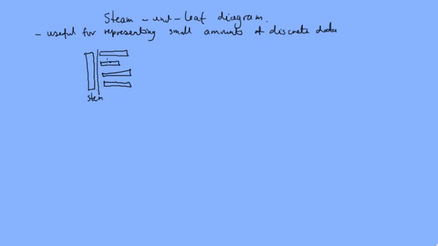The digits are ordered vertically on the stem, and the digits on the leaves are ordered horizontally. So they'd go from smallest to biggest. Now, the easiest way to really think about this is when we're actually looking at an example. It'll make sense then.